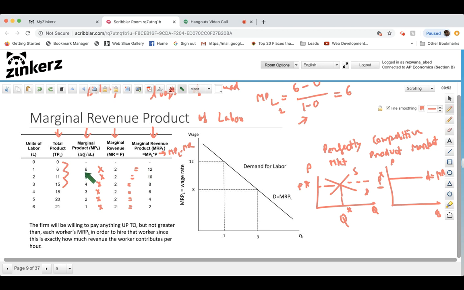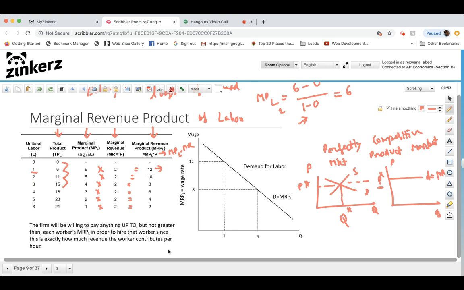Because he's adding 6 loaves of bread per hour to the total product, and we can sell each loaf of bread for $2. So the additional revenue he is earning for the farm is $12. And this $12 is the maximum amount that the farm would be willing to pay to hire that first worker.